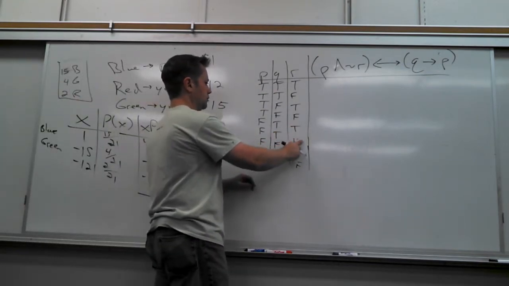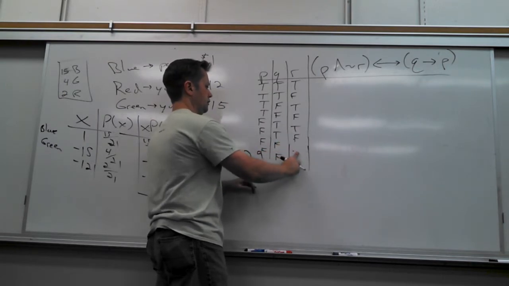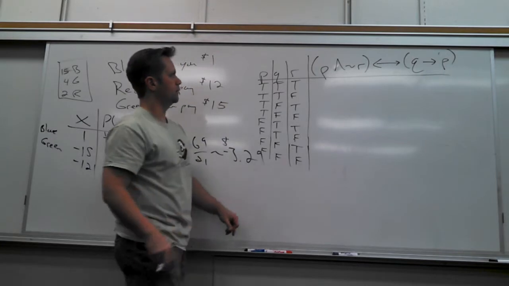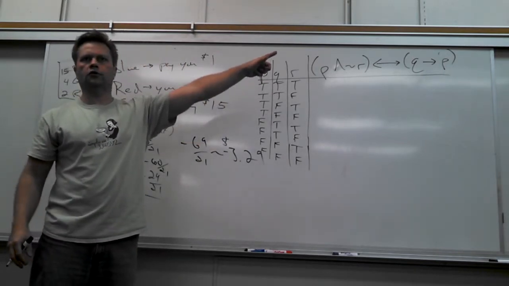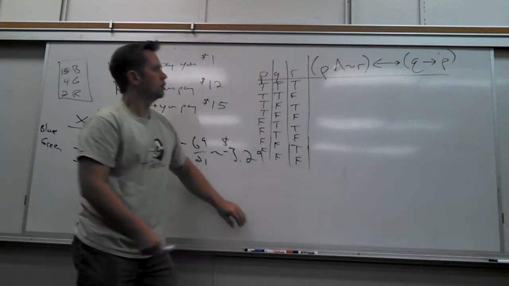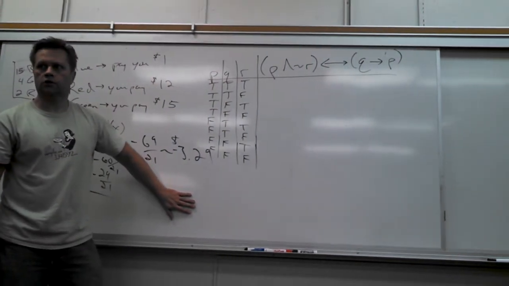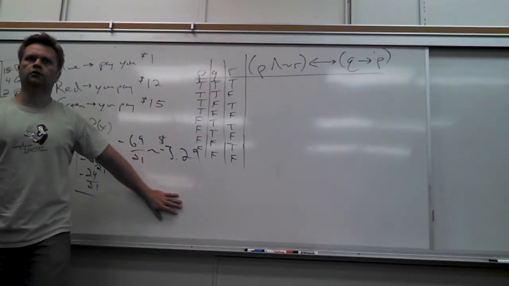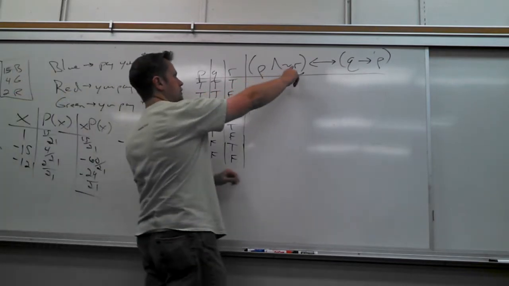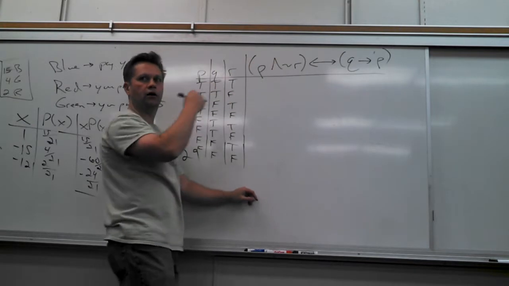Oh, I'm already off kilter. All right. So what do I do first over there? It's the same order of operations as always. So what do I do first? Inside parentheses, and I want to do this not R because I don't have not R yet.